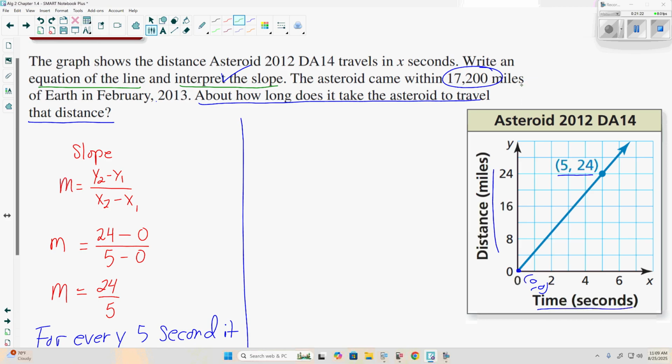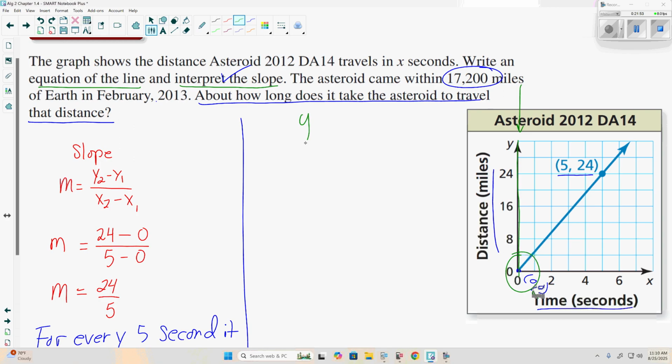Because the y-intercept is where it crosses the y-axis. Do we have a point where it crosses the y-axis? (0, 0). So if we have a point where the x value is 0, we can use slope-intercept form. The value of b, the y value of the y-intercept, is what? 0.